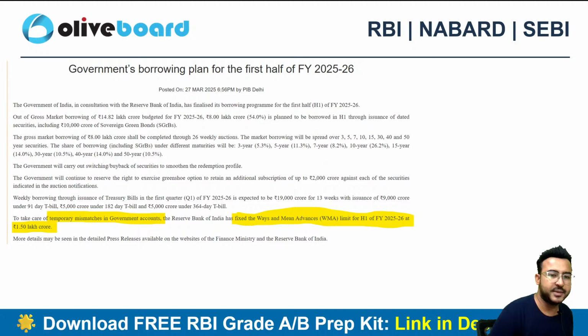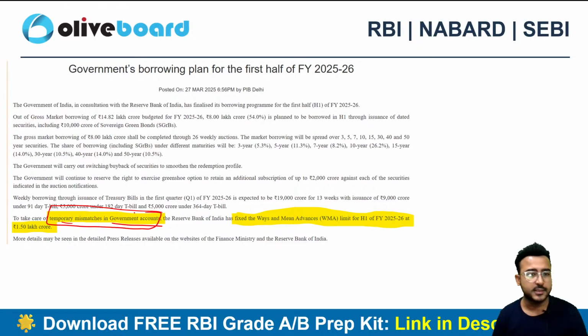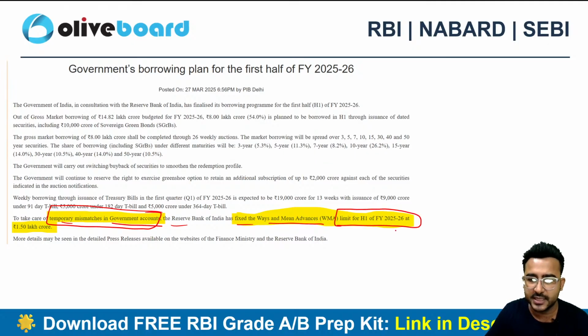Look, as per the PIB data, the ways and means advance is nothing but a facility to fix the temporary mismatches in the government accounts. RBI has fixed the ways and means advance limit for half year 1 of financial year 2026 at 1.5 lakh crore.